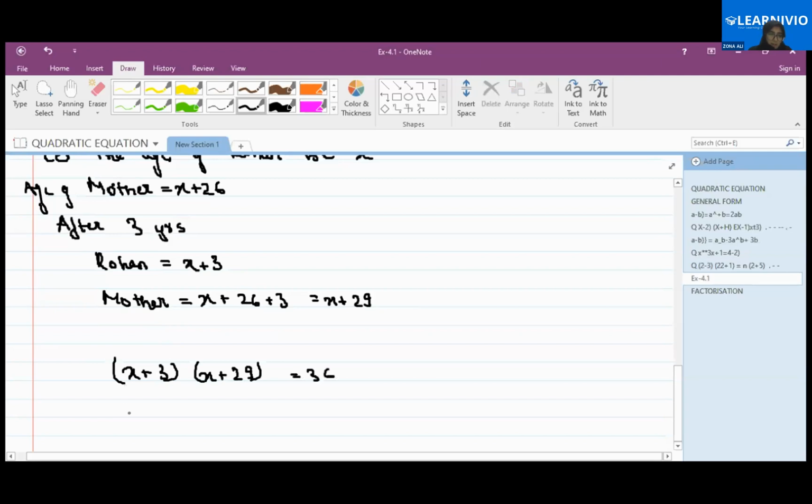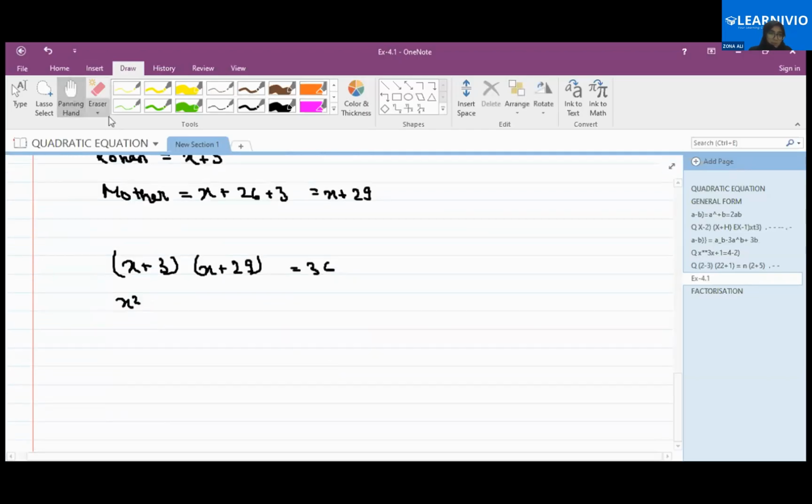This will give you x square plus 29x plus 3x plus 3 into 29, which is 87, is equal to 360.